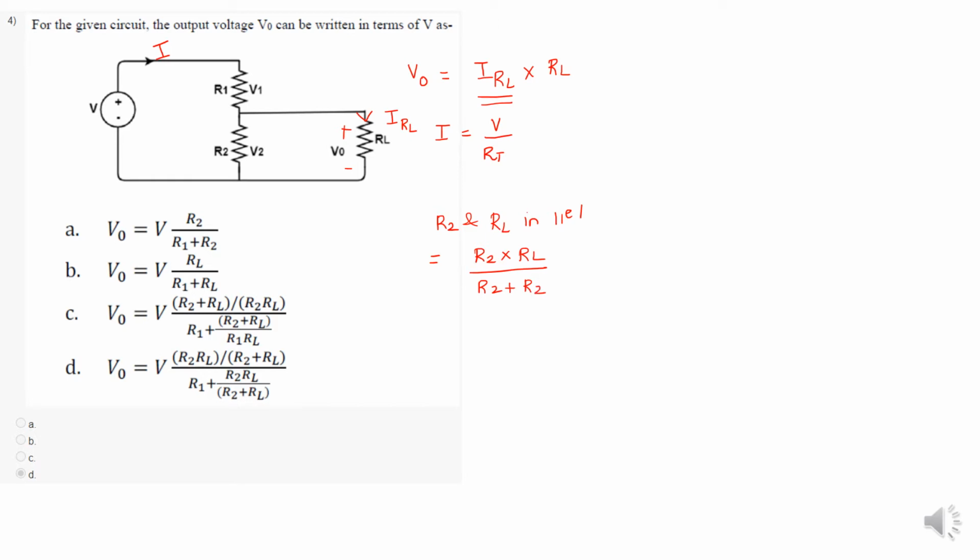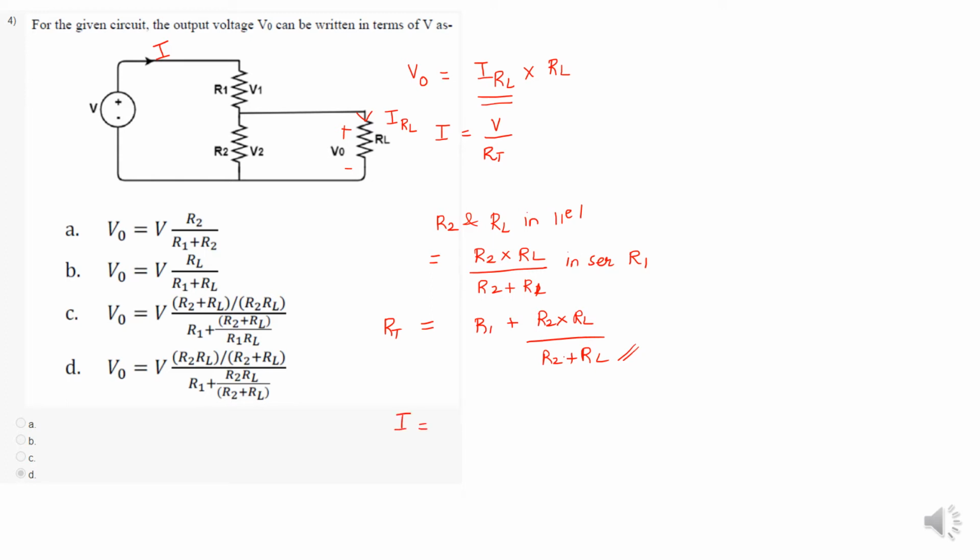This combination is in series with R1 again. So the total resistance is R1 plus R2 into RL divided by R2 plus RL. This is the total resistance.